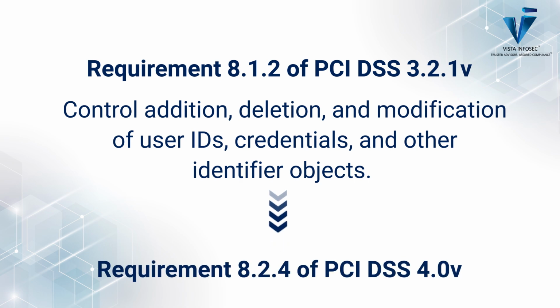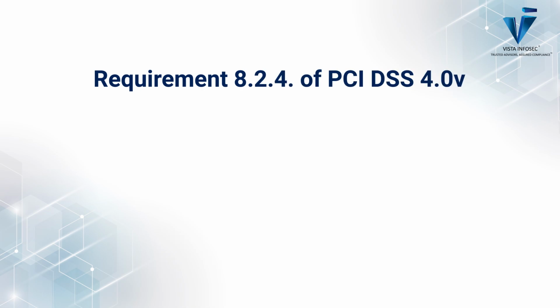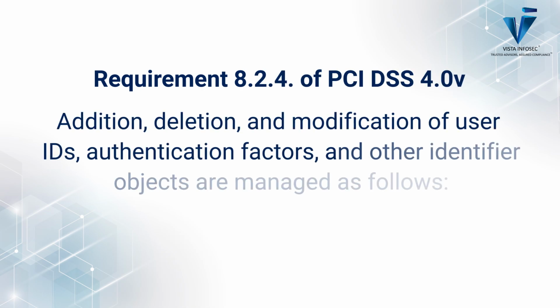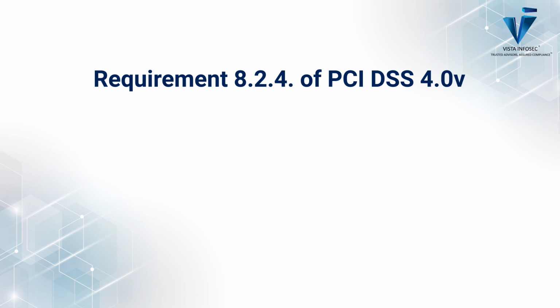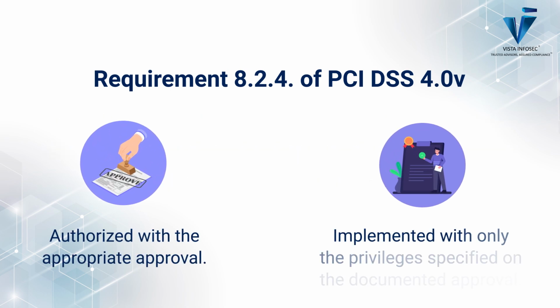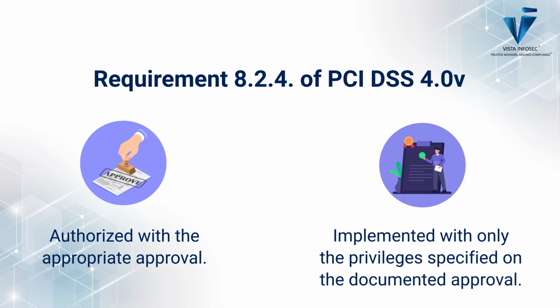So there's been a shift. 8.2.4 of PCI 4 mentions that addition, deletion, and modifications of user IDs, authentication factors, and other identifier objects are managed as follows. They are given two possibilities: one, authorized with the appropriate approval, and the next, implemented with only the privileges specified on the documented approval. Nothing more, nothing less. Right?